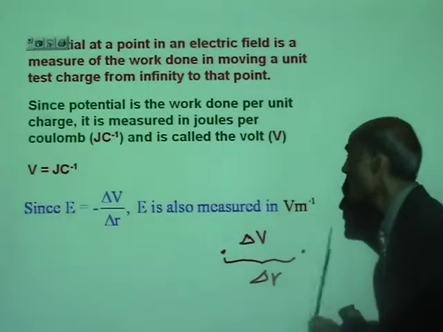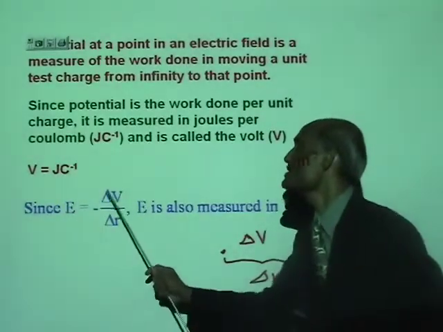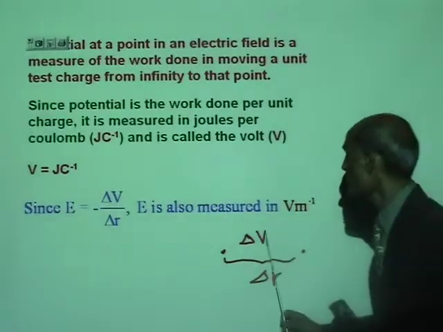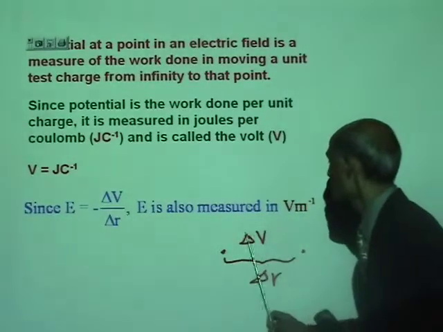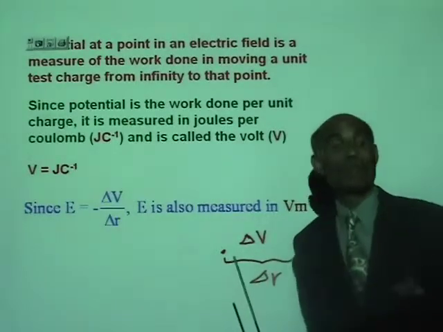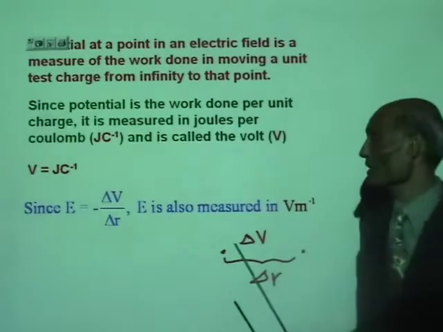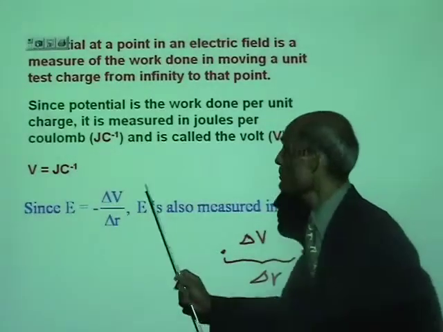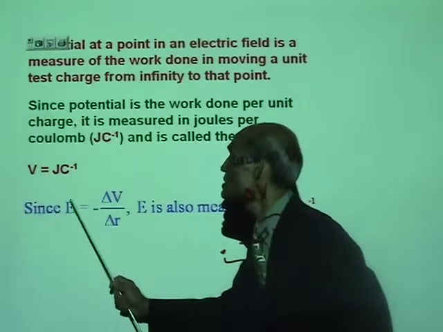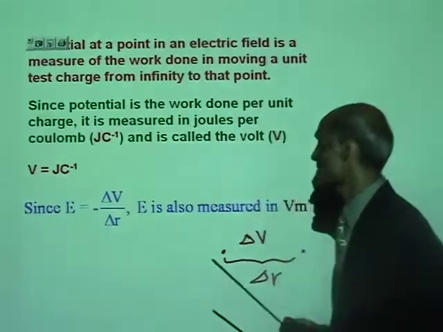That electric field will be equal to negative delta V over delta R. In other words, the potential difference divided by the distance between the 2 points is a measure of the electric field. And therefore, delta V is negative E times delta R.